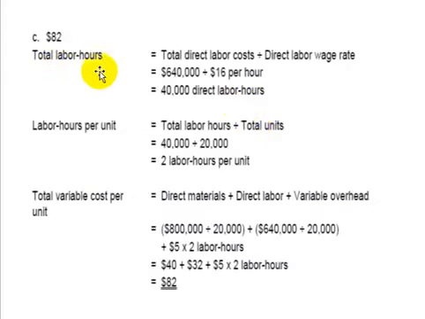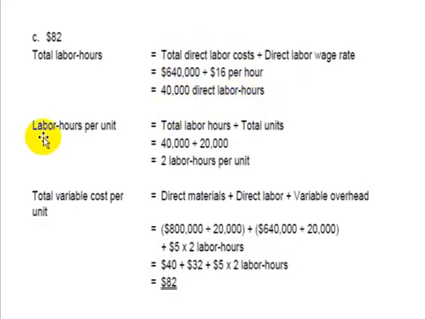So we have to calculate the total labor hours. Total labor hours are given, and we can calculate them if not given: total direct labor cost divided by direct labor wage rate. Total direct labor hours equal 640,000 divided by 16 per hour, which equals 40,000 direct labor hours.